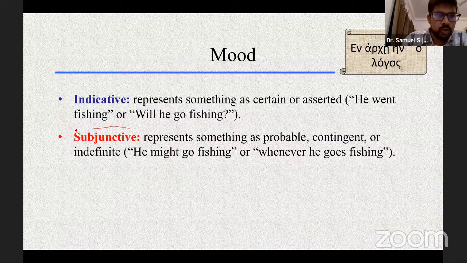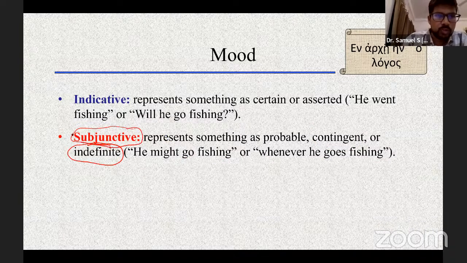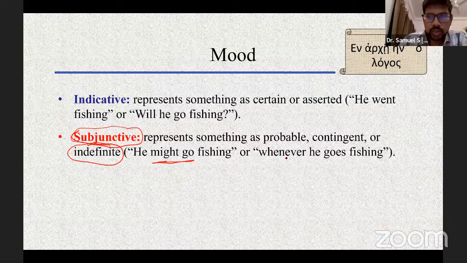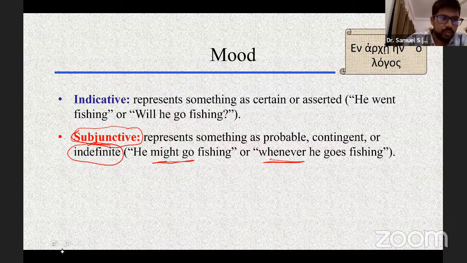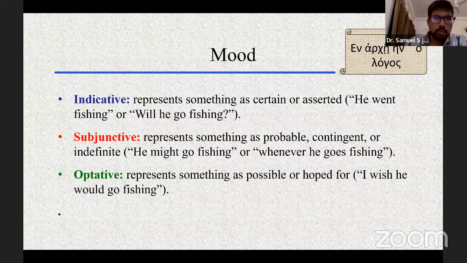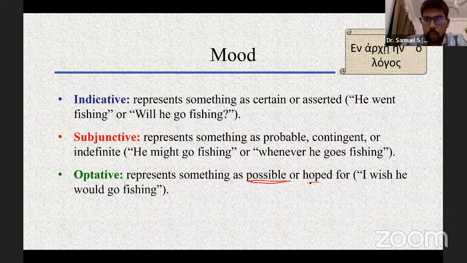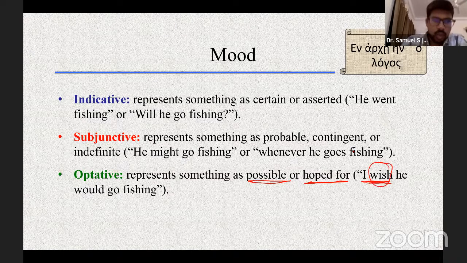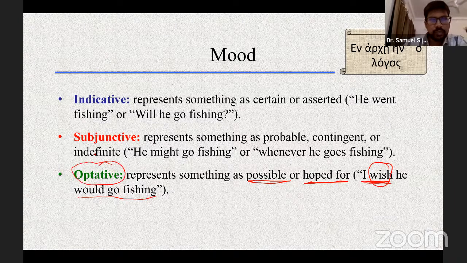So subjunctive mood is about indefiniteness. And whenever we see a verb in the subjunctive mood, we have to somehow communicate that indefiniteness. Next mood, optative mood, represents something as possible or hoped for. For example, I wish or I hope he would go fishing. That would be the optative mood.